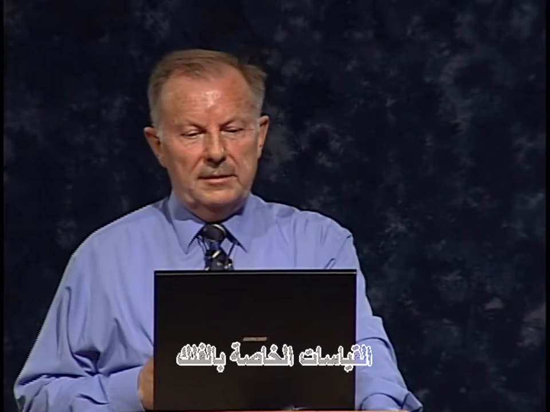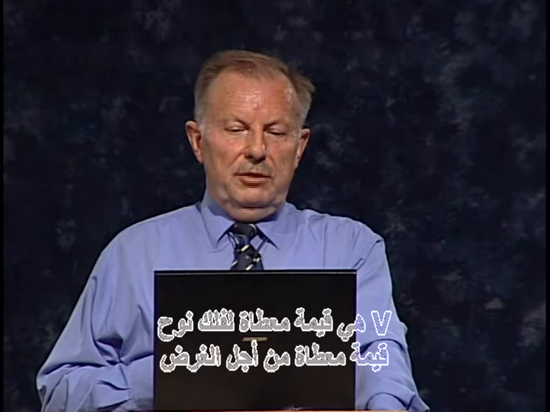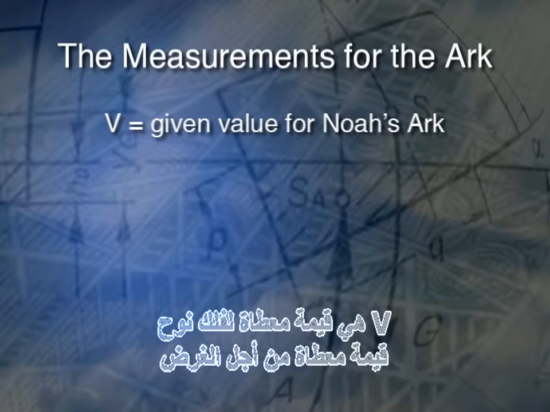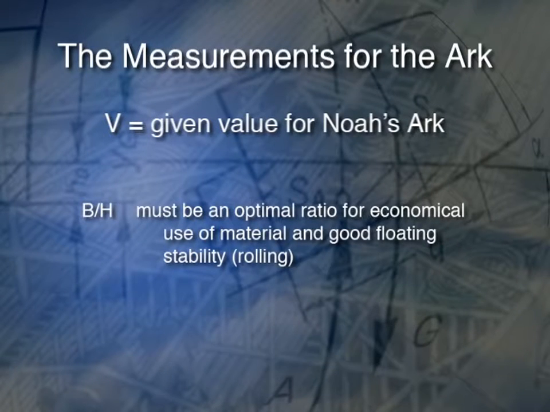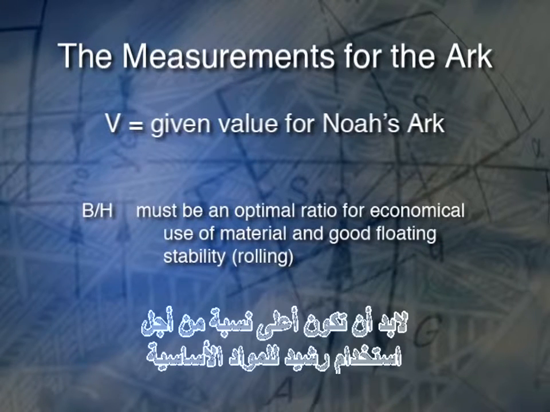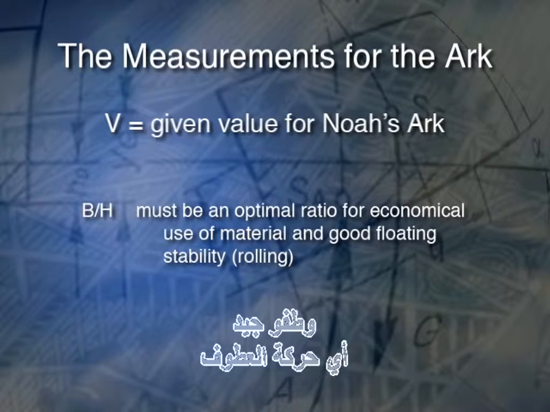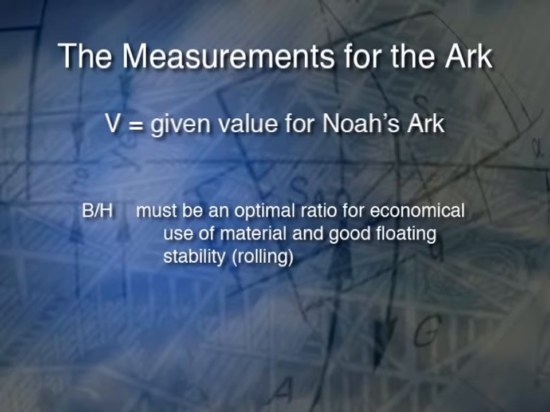For the measurements of an arc, we can say the volume is a given value for Noah's ark, a given value for the purpose. Now what we have to calculate is the optimal value of B over H. It must be an optimal ratio for economical use of material and good floating stability for the rolling process.